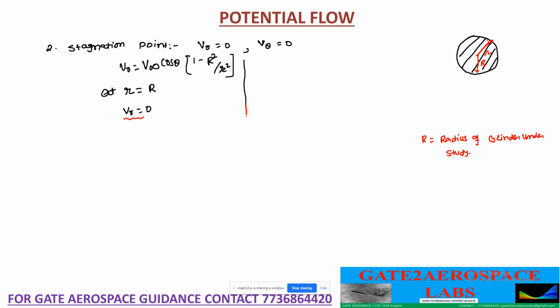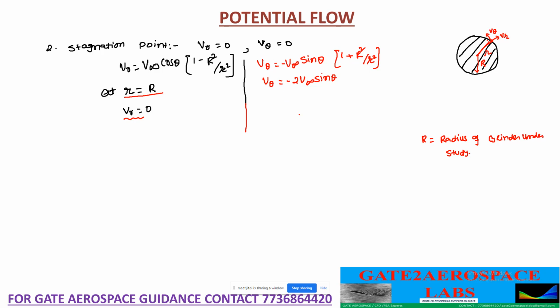You will still have a tangential component of velocity. What is v theta at r equals R? V theta is given as minus V infinity sin theta into 1 plus R square by r square. When small r equals capital R, this expression becomes V infinity sin theta.